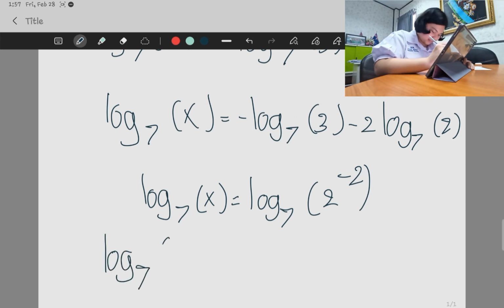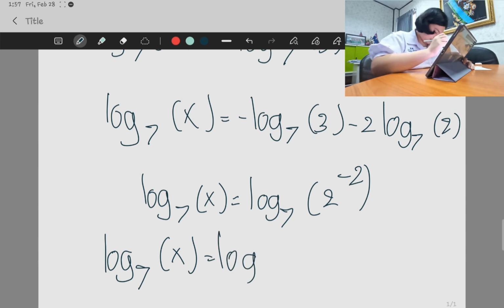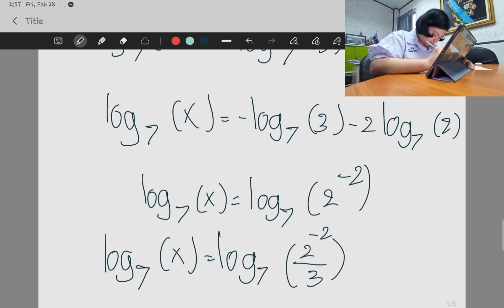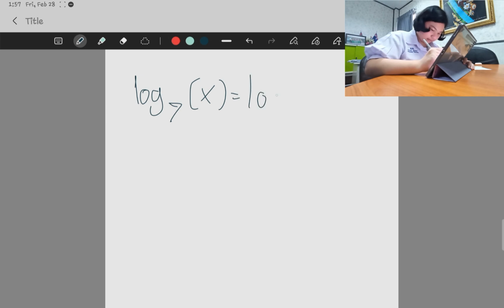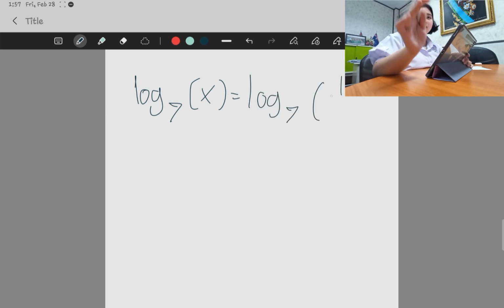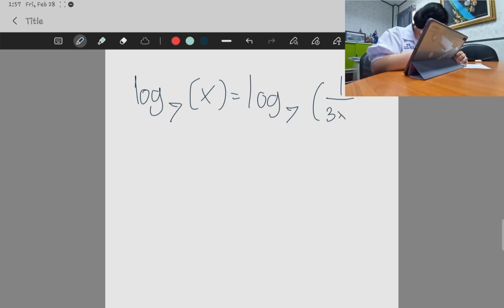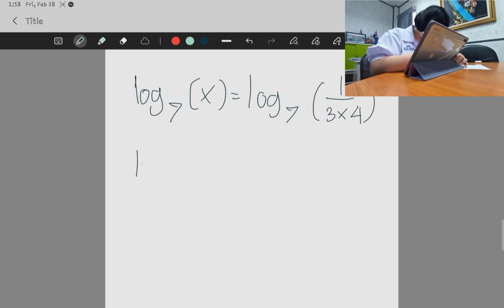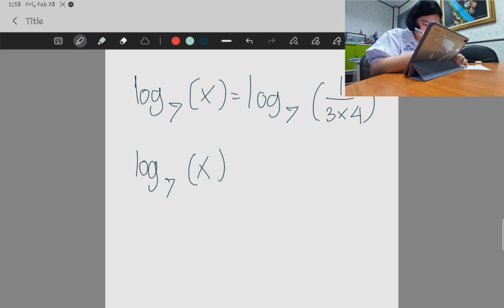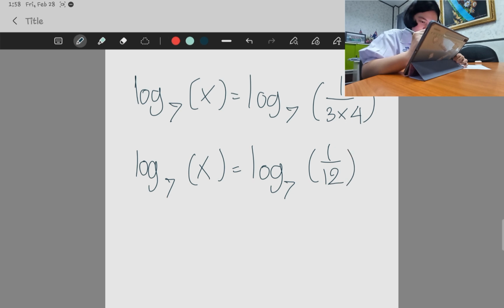Log 7x equals log 7 2 to the power of negative 2 over 3. Okay, so it will be log 7 times x equals log 7 times 1 over 3 times 4, and then it will be log 7x equals log 7 1 over 12. Now the x is equal to 1 over 12.